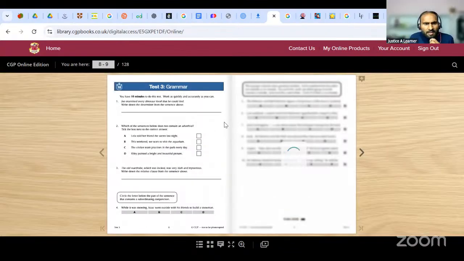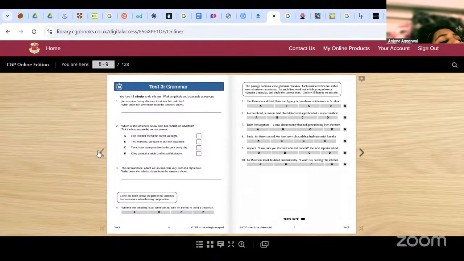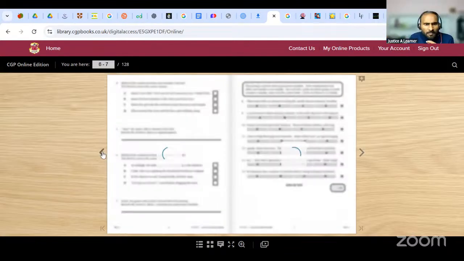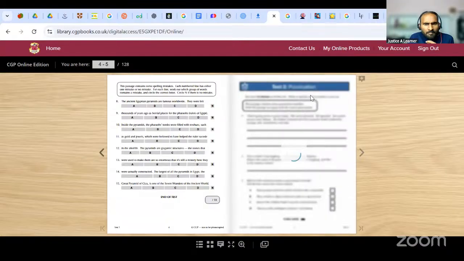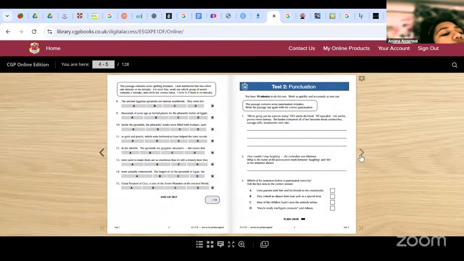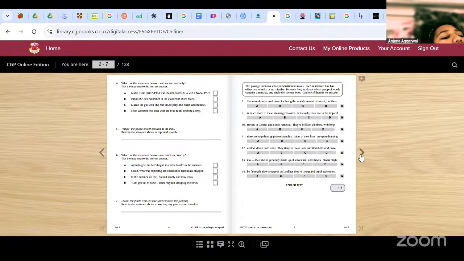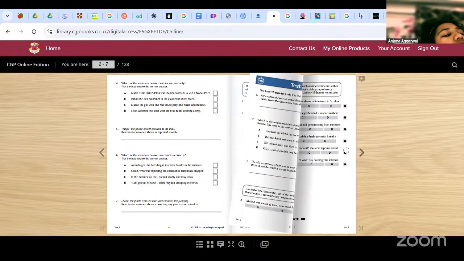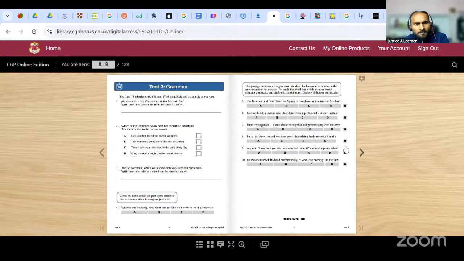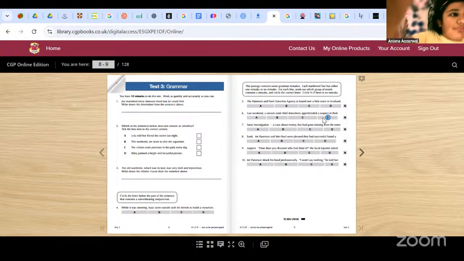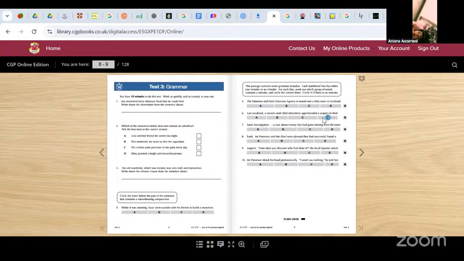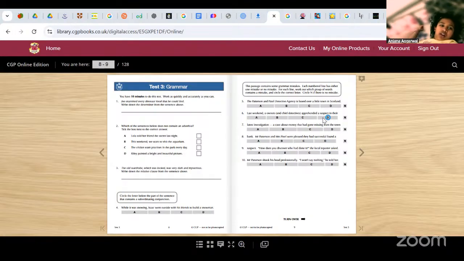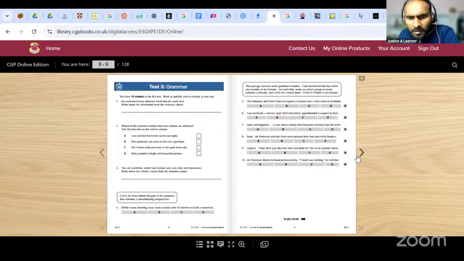This is test 3, grammar. Can you do this? This one was completed, test 2, punctuation, I think so. Okay, I'll do test 3. So you'll be doing this in homework in test 3, okay?